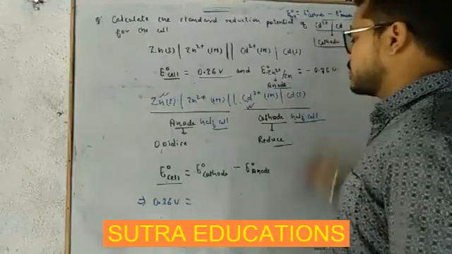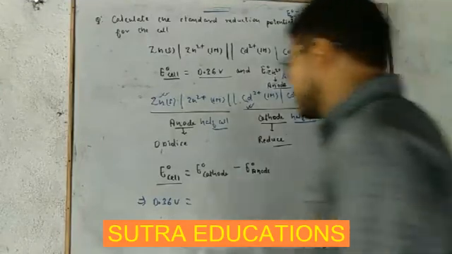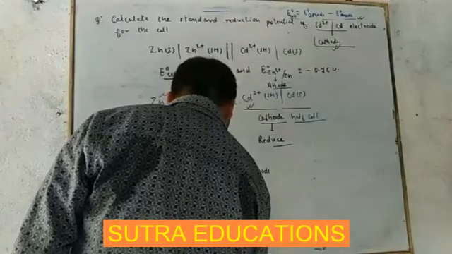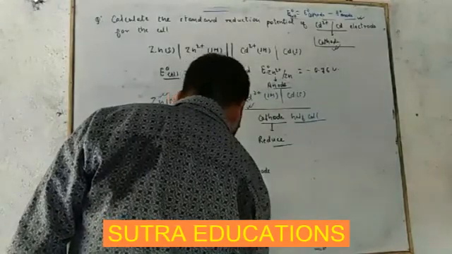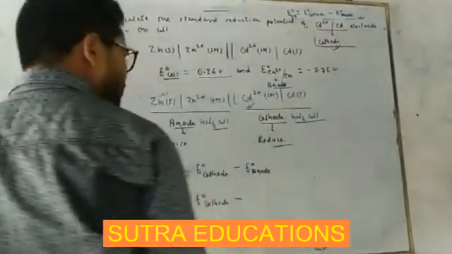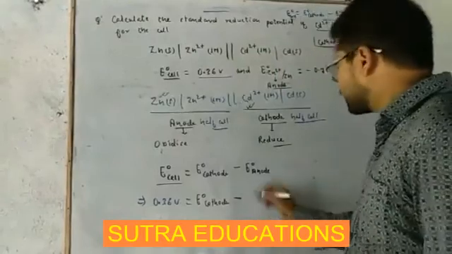So what is the formula? Formula is E cathode minus E anode. We have to calculate this cathode now. So write it as it is, E naught cathode minus E naught anode. E naught anode is minus 0.76 volt. So one minus is here.